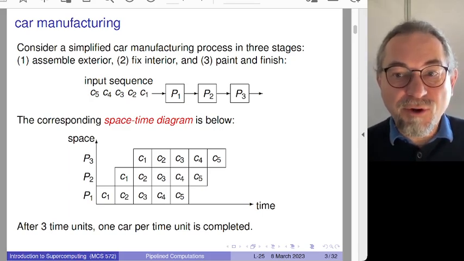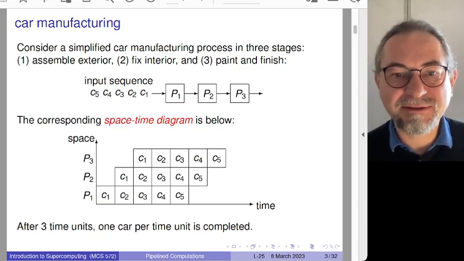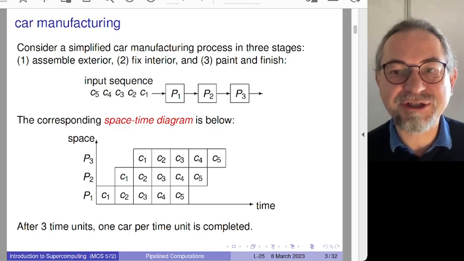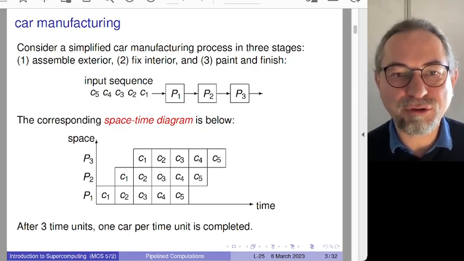For oversimplification, we assume that there are three processes or three stages in the manufacturing process: the assembling of the exterior, the fixing of the interior, and the paint and finish. So these are these three stages that are shown as P1, P2, and P3.